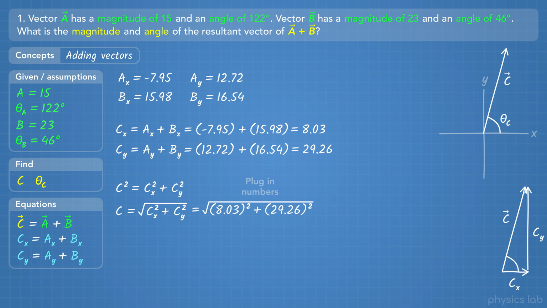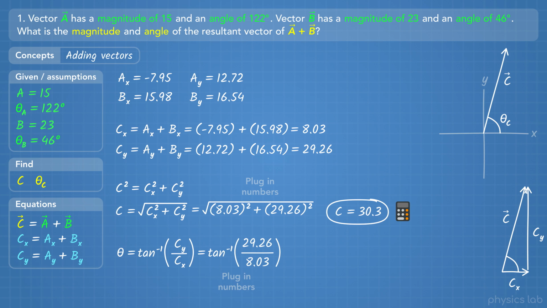We plug in 8.03 for Cx and 29.26 for Cy, and we get 30.3 for the magnitude of vector C. To find the angle, we use the inverse tangent function, where theta is equal to the inverse tangent of the y component over the x component. When we plug in the values of Cy and Cx, we get 74.7 degrees for the angle theta.